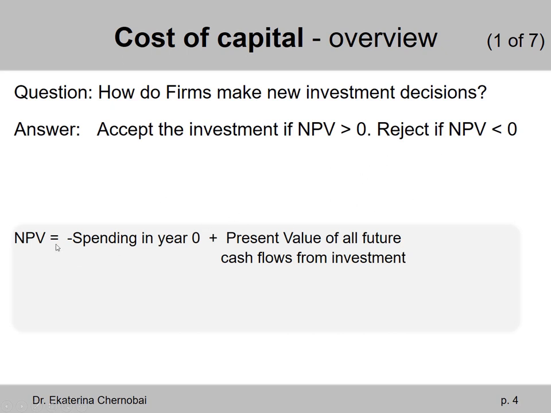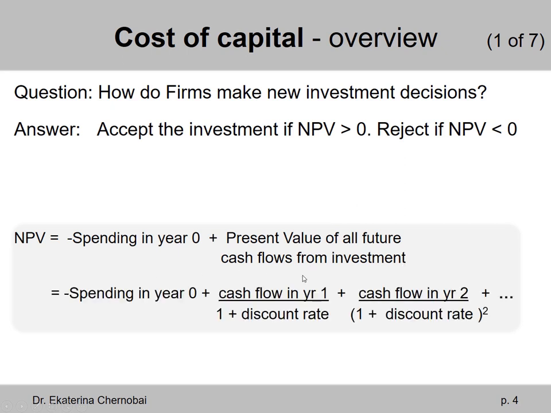How do we find the net present value? The net present value formula says we take spending in year 0, which is a negative cash flow, and add the present value of all future cash flows coming from this investment. Let's expand it a little bit. Spending in year 0 with a negative sign because it's a cash outflow, plus the present value of all future cash flows.